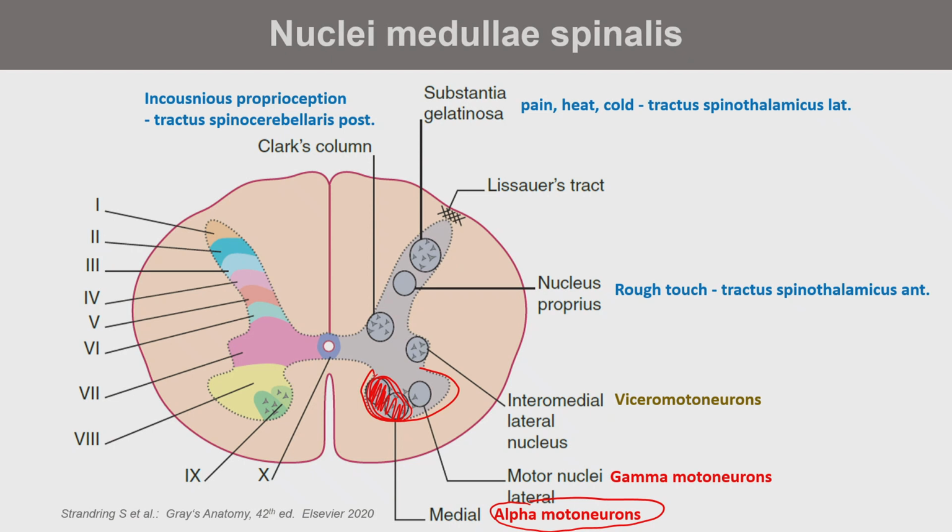Then we have a lateral motor nuclei group which has gamma motor neurons. Gamma motor neurons are motor neurons which are stimulating the muscular spindles.